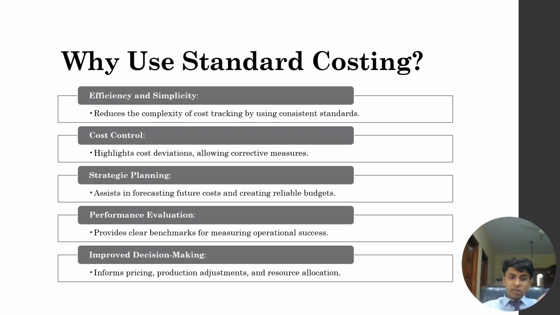And then comes strategic planning. Standard costs are used for budgeting future costs, to estimate future costs, and plan financial resources effectively. Performance evaluation: the variance between standards and actual costs helps identify areas of inefficiency or any exceptional performance.